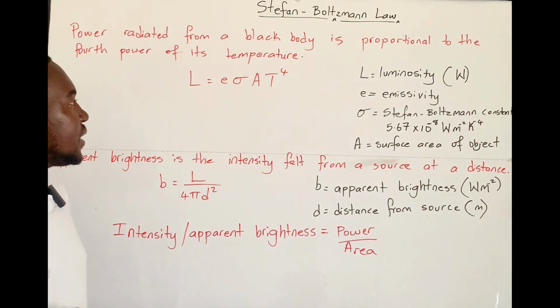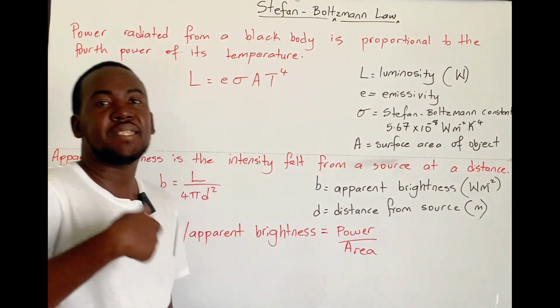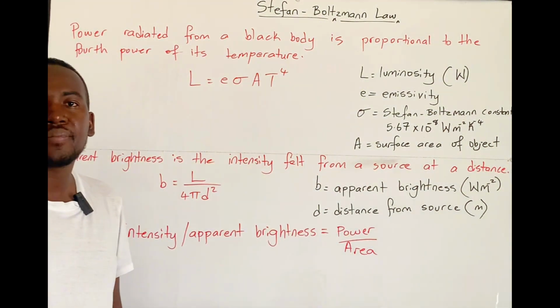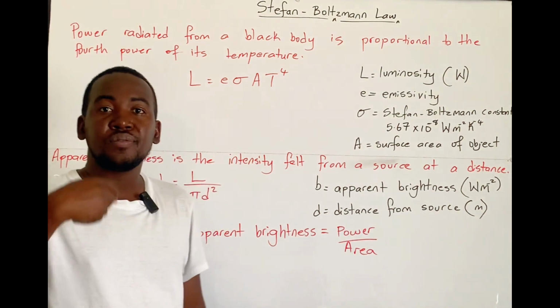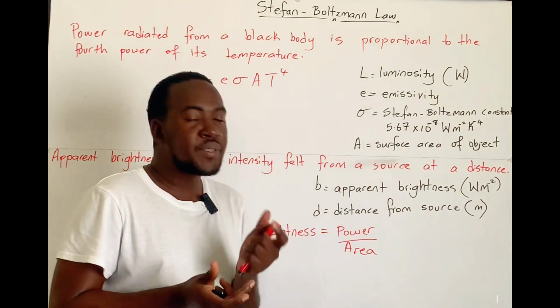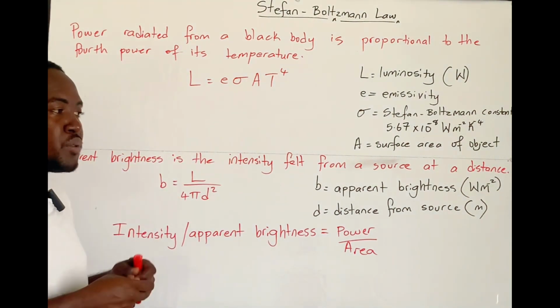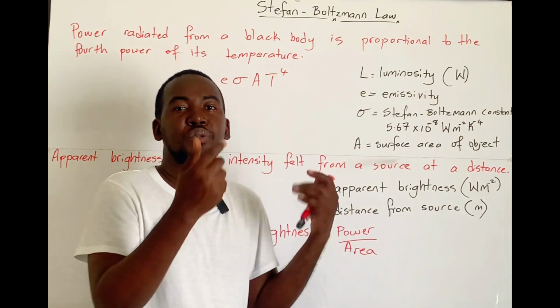So therefore, if the object is not a black body, then it will have an emissivity that's less than 1. Because if the black body will give off 10 watts, then that object of the same size, having that same amount of heat inside of it, will not produce 10 watts, it will produce less.